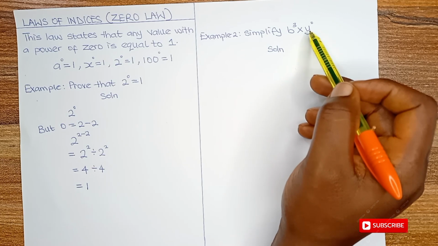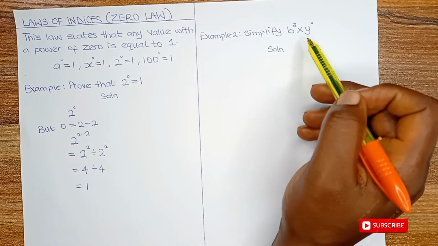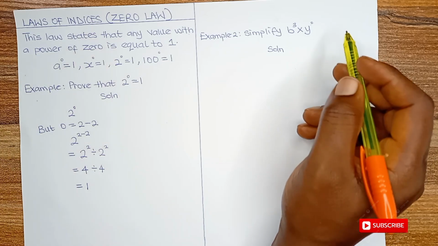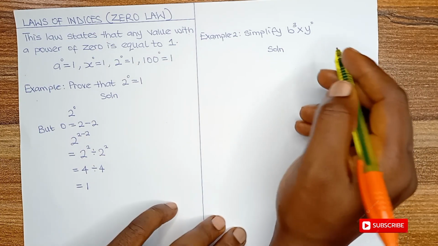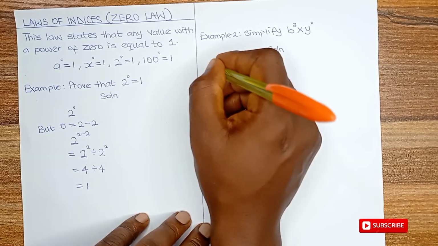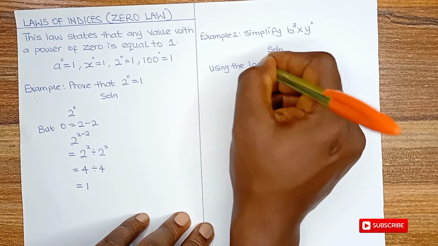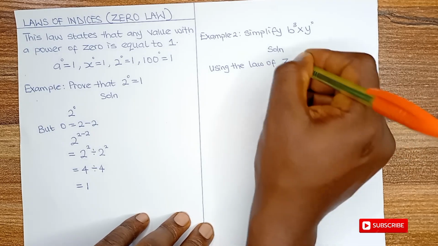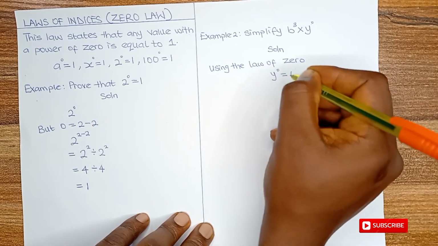But observing, you have y to the power of 0, and using the law of 0, any number or any value to the power of 0 is equal to 1. So using the law of 0, y to the power of 0 is equal to 1.